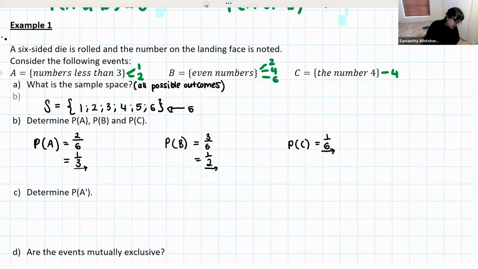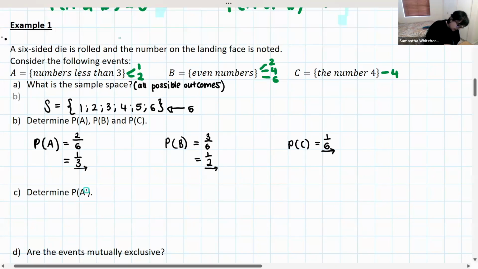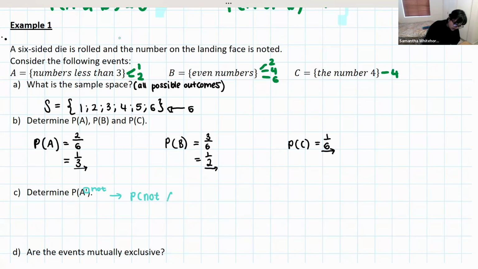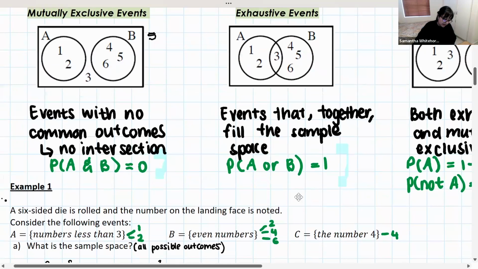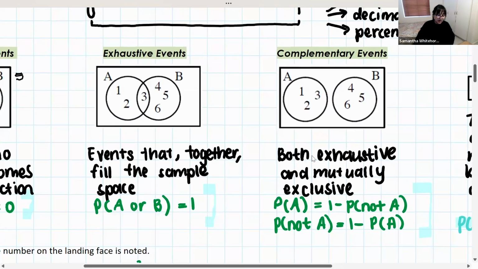All right, the next question doesn't say any of that. It says, determine the probability of P dash. This little dash here means not. So what this is actually asking us is the probability of not A. There's a couple of different ways that you can do this, but remember, if we scroll back up to our little rule here, we spoke about the fact that complementary events are events that are both exhaustive and mutually exclusive.